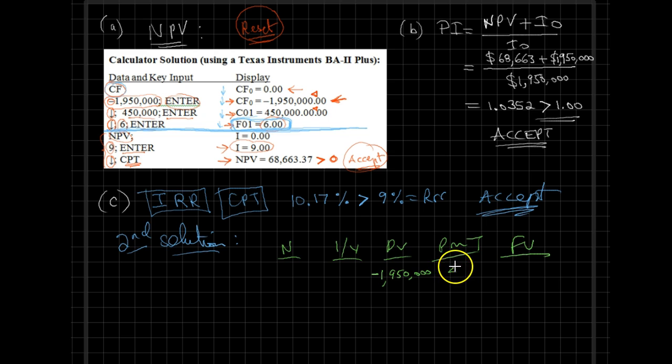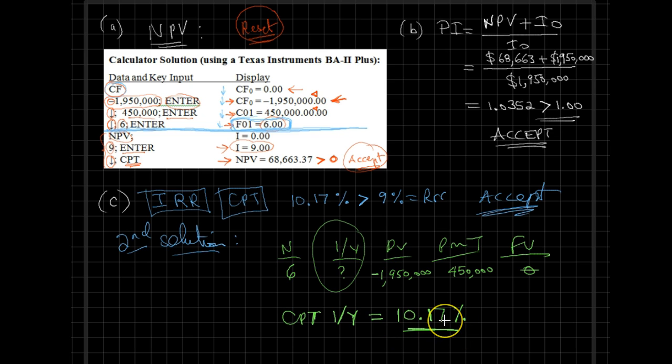Those payments are $450,000 each, and there will be no future balance on the project, as it has no salvage value. The project will last for 6 years, and we are supposed to compute the I/Y. Sure enough, in computing this value, we get the same result, 10.17%, as we got previously. So the two solutions are equivalent.